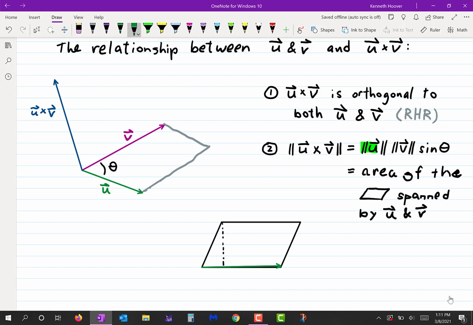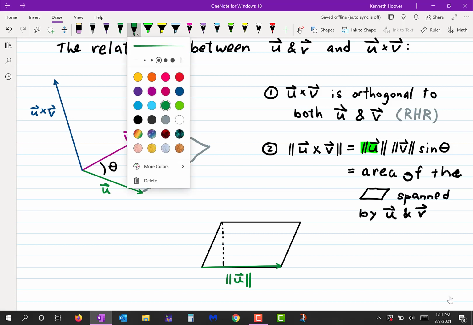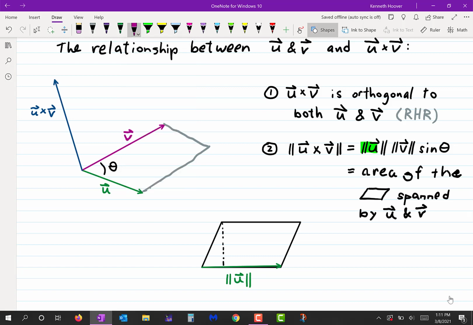Okay, then how long is the base? That base is whatever the magnitude of vector u is. That's how long the base is. Okay, let's put vector v right here.